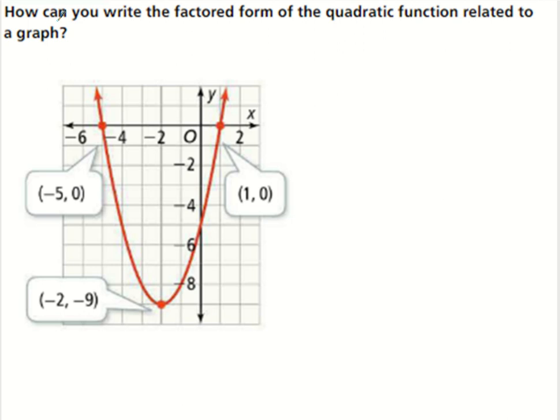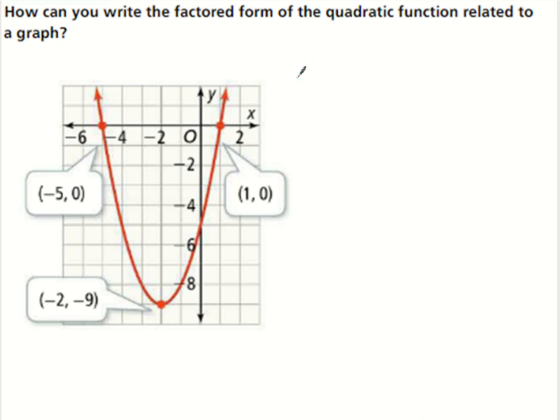You can also write the factored form of a quadratic function related to a graph. For this, there's a couple steps. First we have to make sure that we have the a value included. That's the one part that gets a little bit tricky with this.